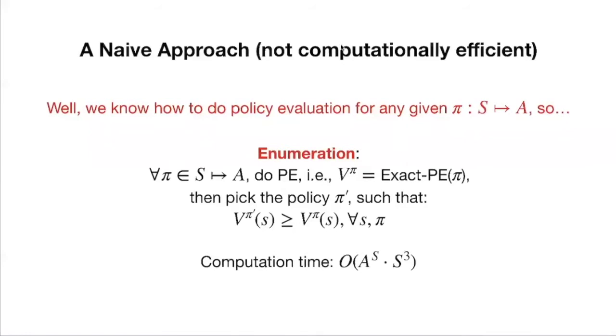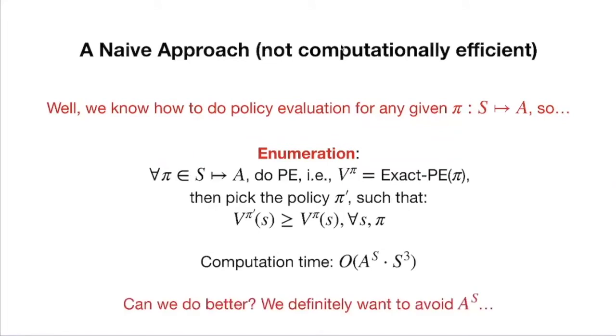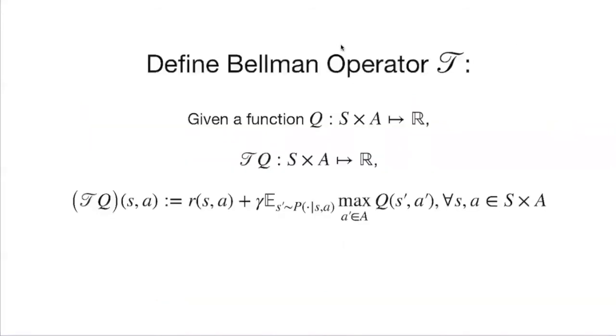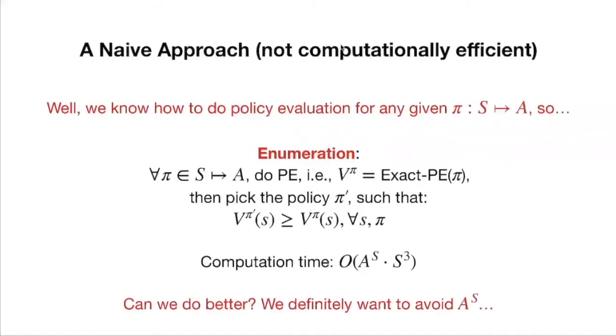That's pretty bad. We definitely need to get rid of the A to the S part, because that would quickly forbid us from using this algorithm in real applications when S is maybe 100, for instance. All right, so that will lead us to the approximation algorithm that we're going to talk about today.